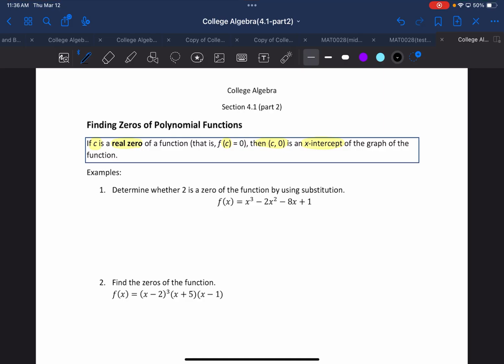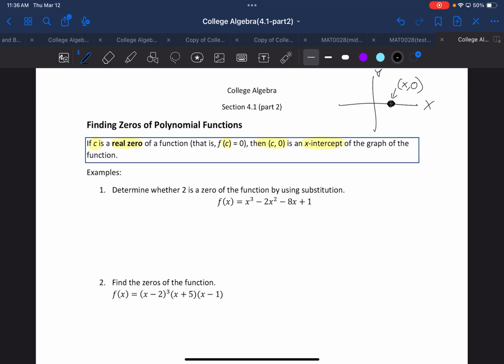When you're on the x-axis, what is y equal to? 0. Y is equal to 0 right here. It doesn't even matter what x is. Y is always 0 when you're on the x-axis.